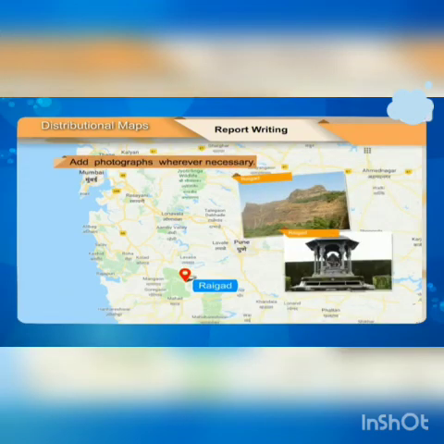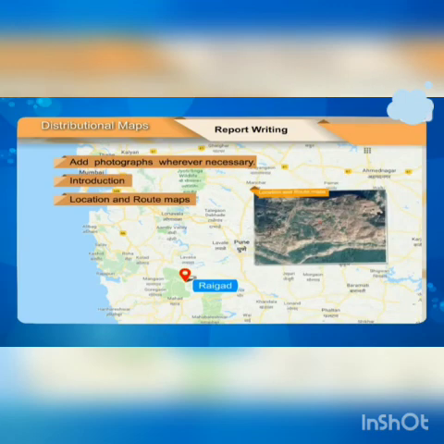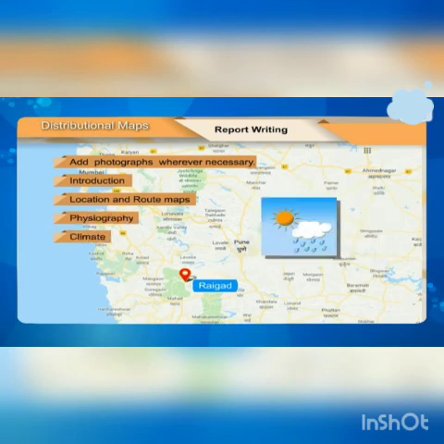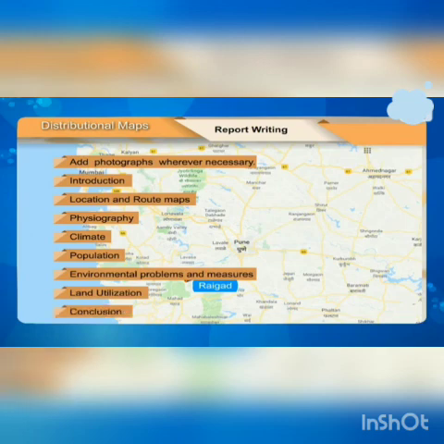We have to add photos, information, introduction, how we have gone there, where we have stayed, physiography of that area, climate of that area, population of that area, environmental problems and how to overcome them, land utilization, whether farming is going on, etc. Conclusion and other points can be added.